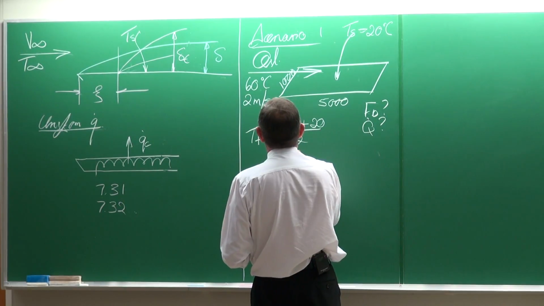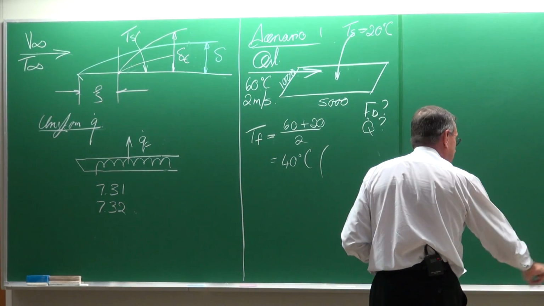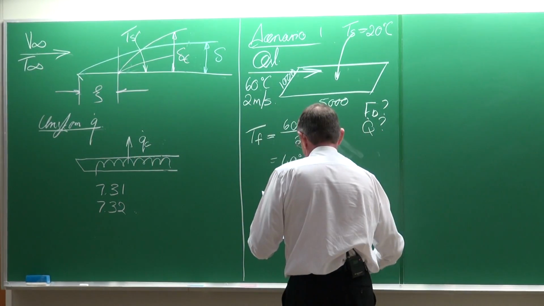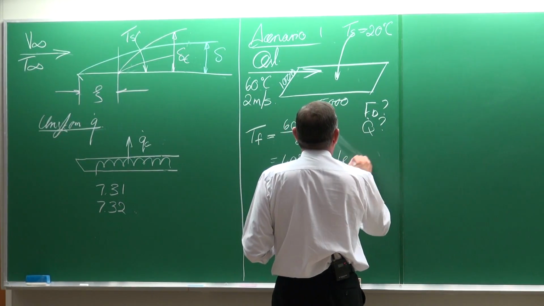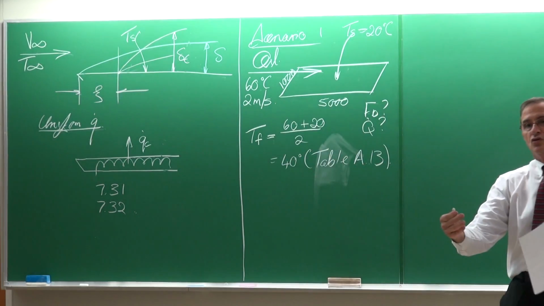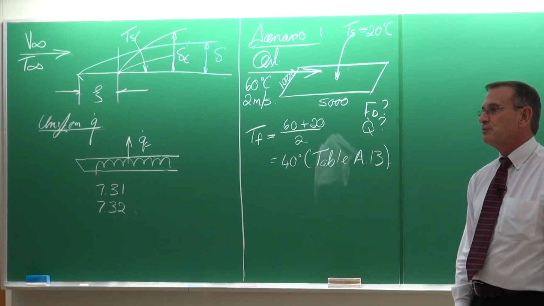So it is at a film temperature of 40 degrees Celsius. And at that temperature in your textbook, in table A-13, you were able to get all the properties. For those of you who have your textbooks here, please do me a favor and go and try and see if you can get those properties.